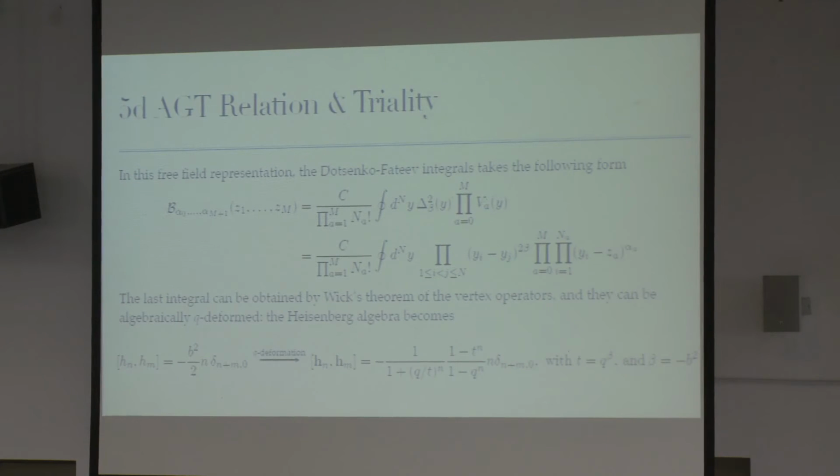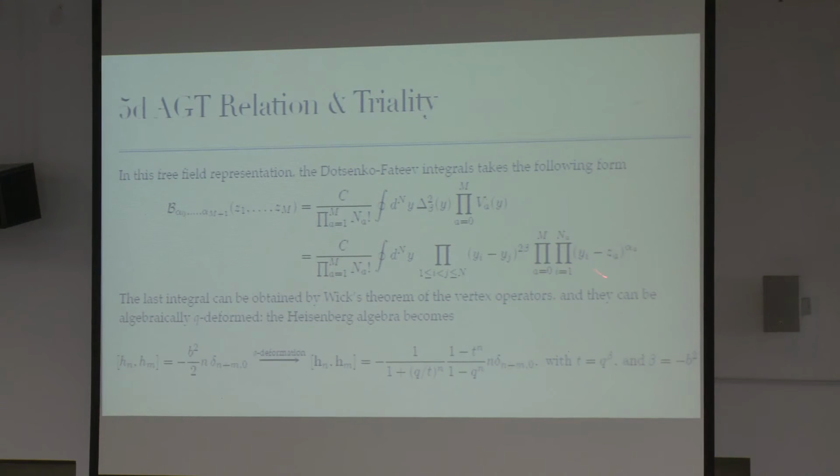And beta is related to b, the Liouville parameter, such that beta is minus b squared. Okay? So if you take q and t with this condition to 1, then you recover the usual Heisenberg algebra.